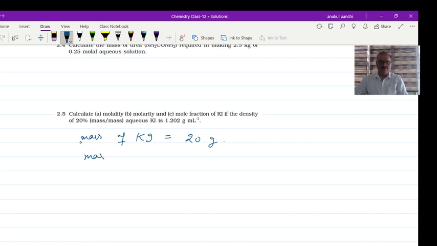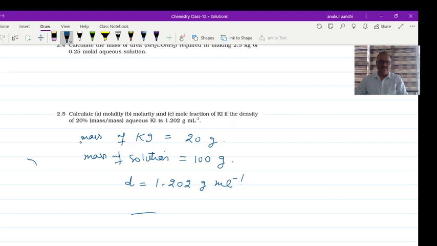and the mass of solution is 100 gram. But for molarity, you need volume. Volume is not given. For that purpose only, density has been given. Density is 1.202 gram per milliliter.